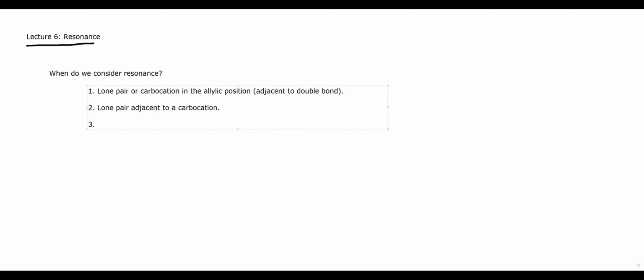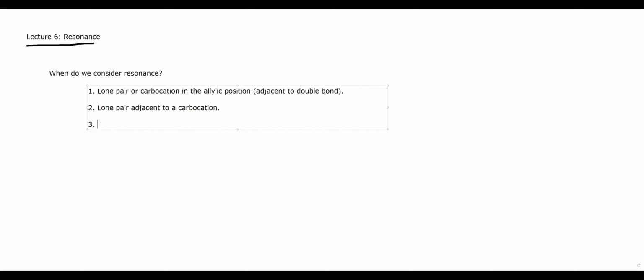Remember, adjacent to a double bond, right? So anytime we have a lone pair or a carbocation in the allylic position, okay? Secondly, anytime we have a lone pair adjacent to a carbocation, okay? We'll see an example of that. That one's pretty straightforward.